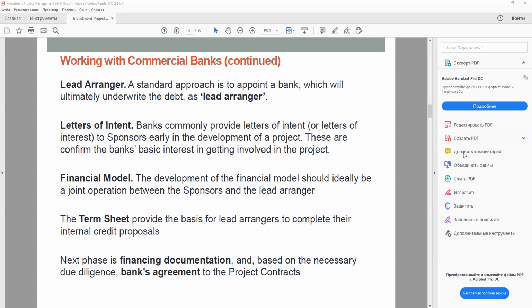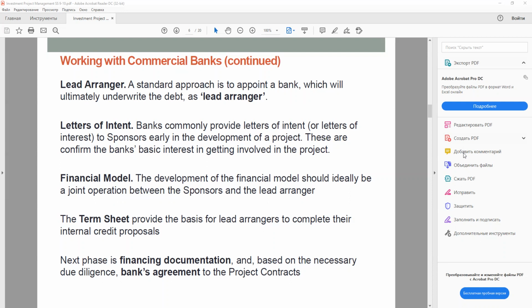This mandate letter does not impose a legal obligation on the bank to underwrite or lend money for the project. If the lead arranger is also appointed as a financial advisor, the mandate letter will also provide for services similar to those of the financial advisor. The mandate may be combined with the term sheet, depending on how advanced the project development is at the time.